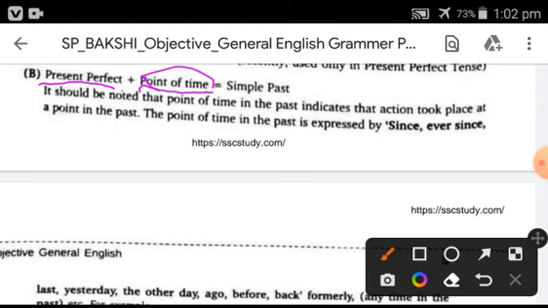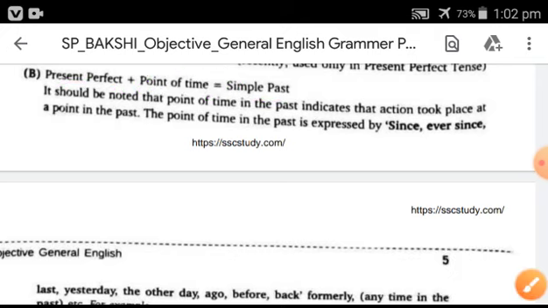What makes simple past? Present perfect plus point of time. When combined in a sentence, or used in a sentence, then we have to use simple past, not present perfect tense. Let it be cleared with an example.